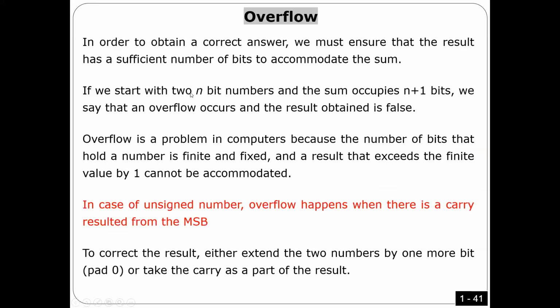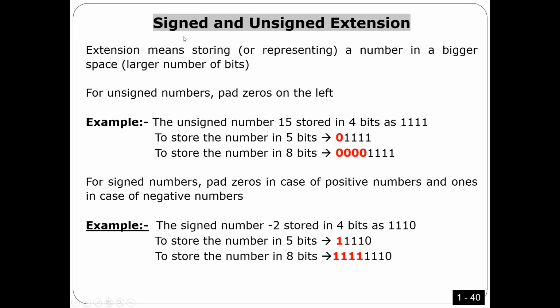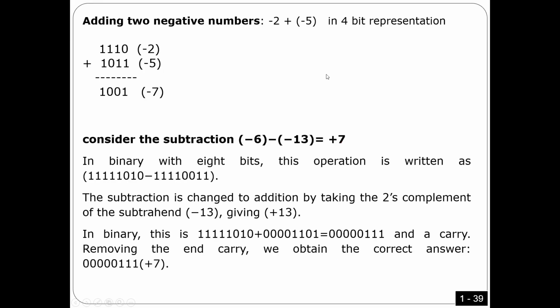Now I want to talk about something related to signed and unsigned extension. What do I mean by extension? Let me give you an example here in decimal numbers. For example, we have 27, so we have 2 digits.